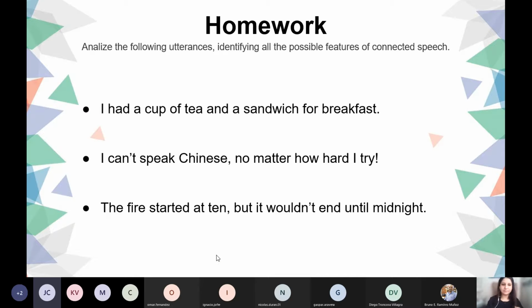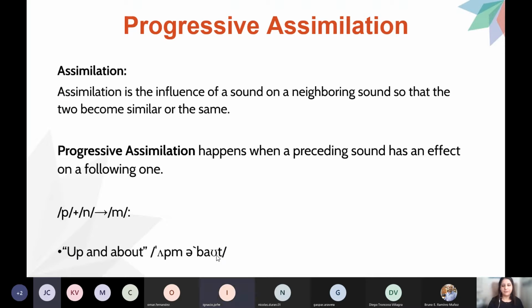And first, I want you to remember that when we speak about assimilation, we have 3 manners of assimilation. The first one we have here is progressive assimilation. Assimilation is when a sound influences another sound, so the two become similar.